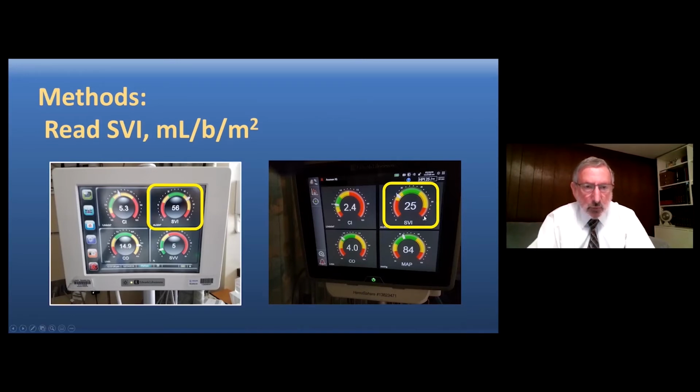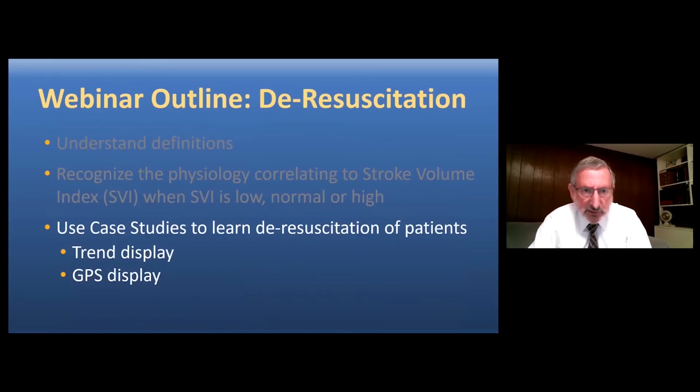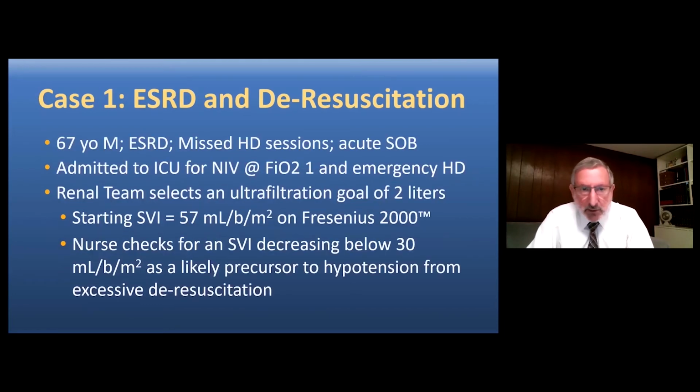Okay, with this background now, so you're into SVI, you're into CI, you have Kathy's introduction as well. Let's look at how we use these hemodynamic variables to take care of patients. So my two patients start with a renal patient, an end-stage renal disease patient, and you might assume right away, well, of course that's going to be a de-resuscitation.